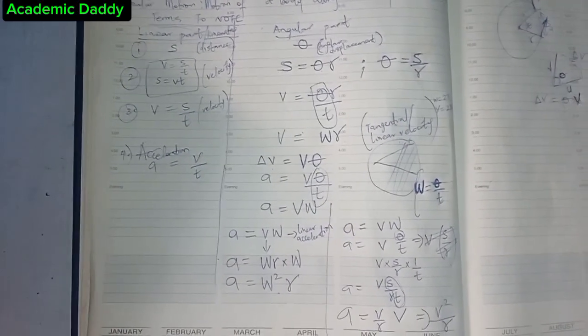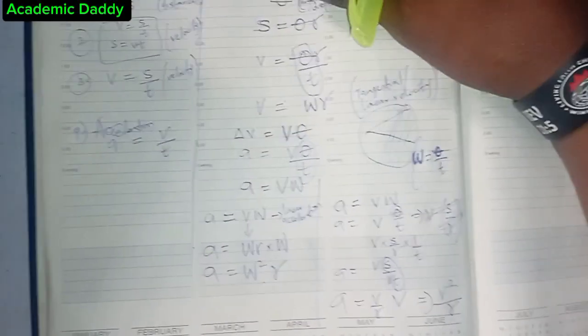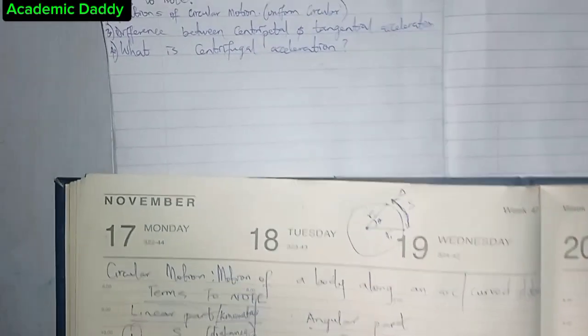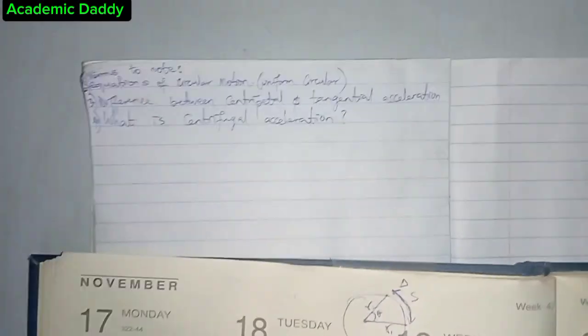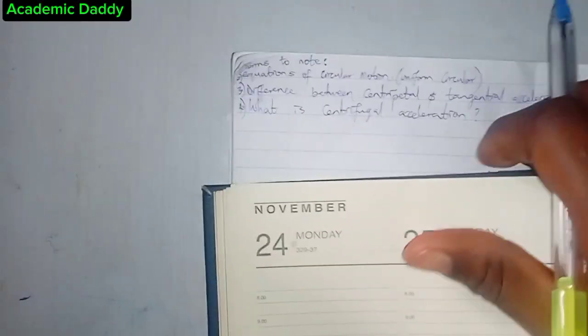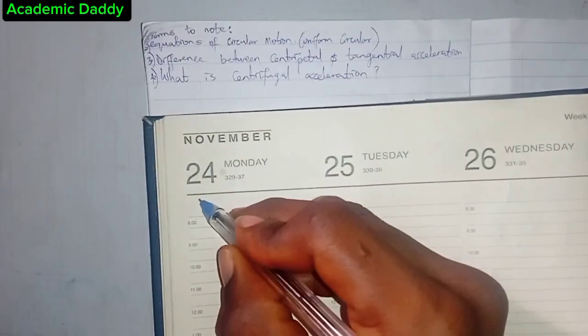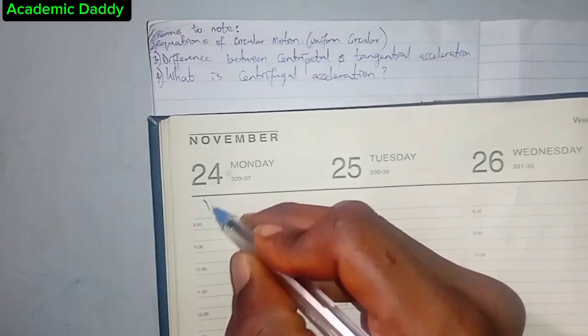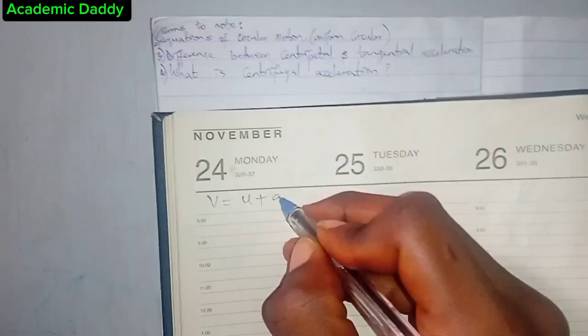Then the next thing we need to talk about, going back to our question. So we are done with the terms. Next thing we need to talk about is equations of circular motion. All right. For equations of circular motion, if you remember from the concepts of equation of motion, kinematics gave us v equals u plus at.